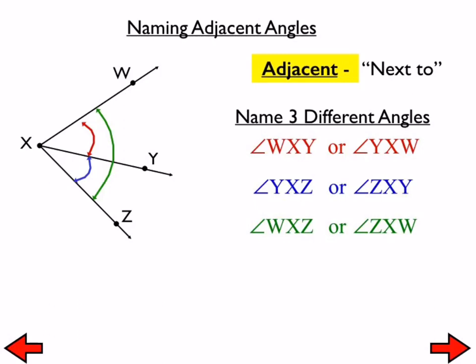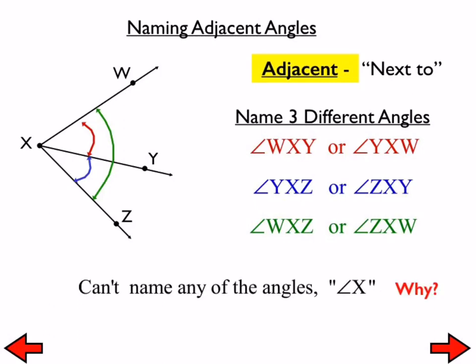But we can't name this angle by angle X, and it's because we don't know what angle we're talking about. There are three angles in this picture that all involve X as the vertex. All three of them. And so we don't really know which one we're referring to. And so in this case, we cannot call that angle X because, once again, we don't know which one we're talking about.